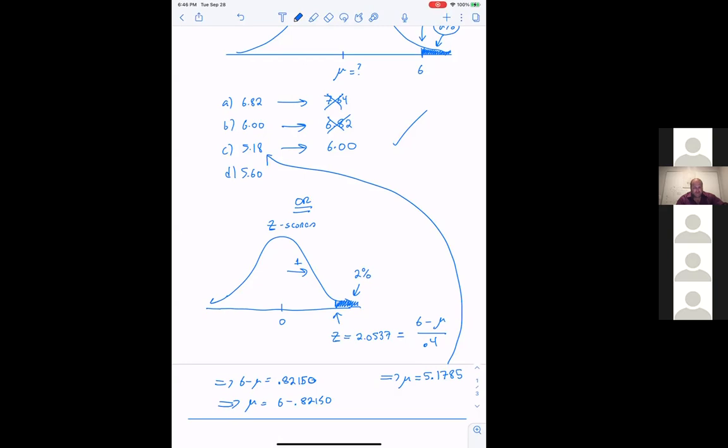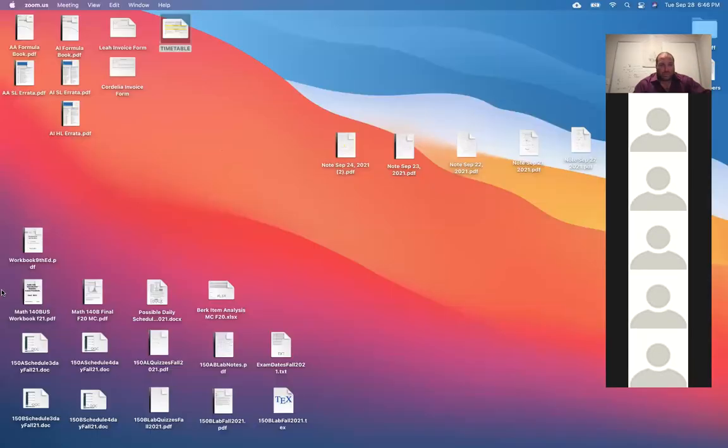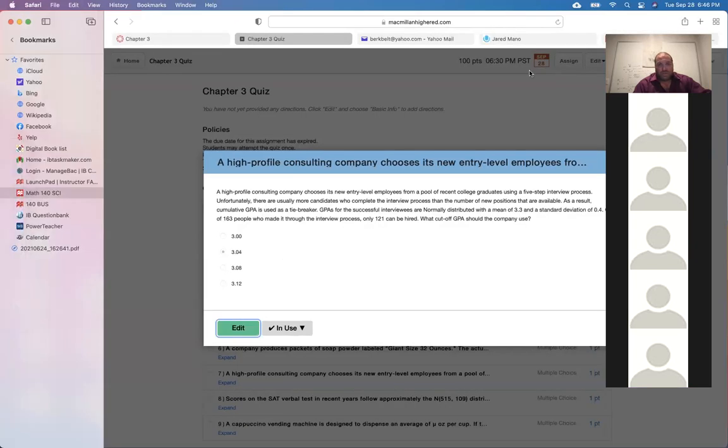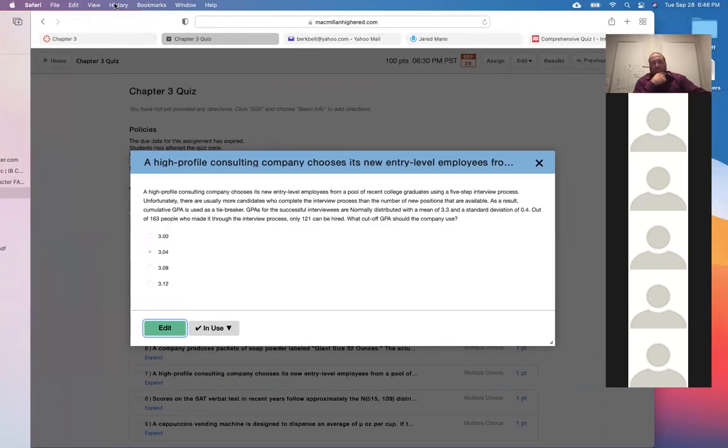Okay, number 7. So let me share my screen here. Number 7 says a high-profile consulting company chooses its new entry-level employees from a pool of recent college graduates using a 5-step interview process.